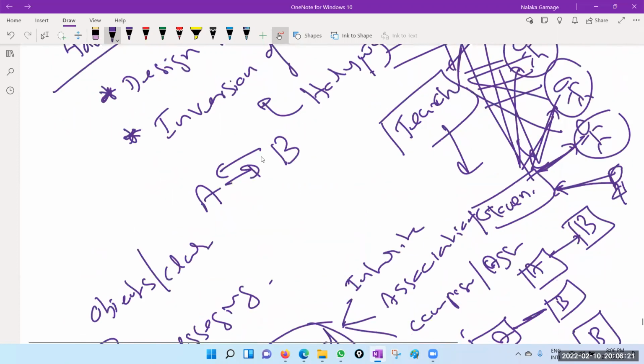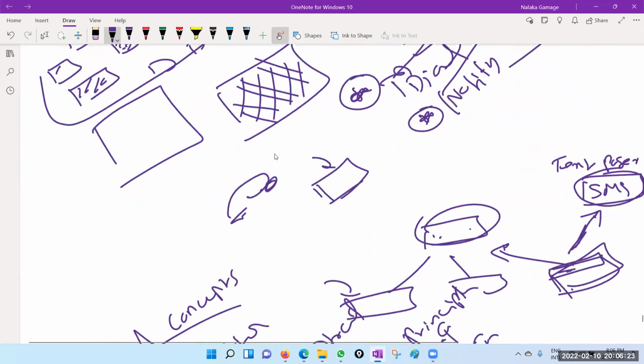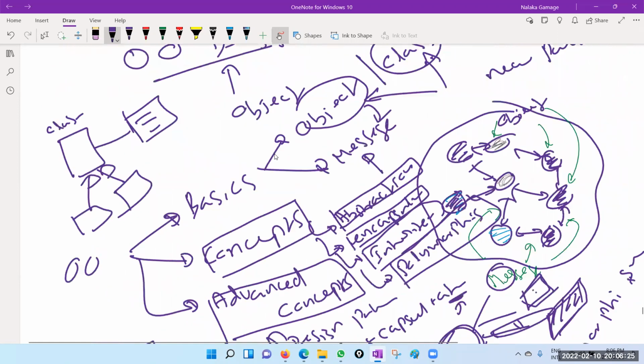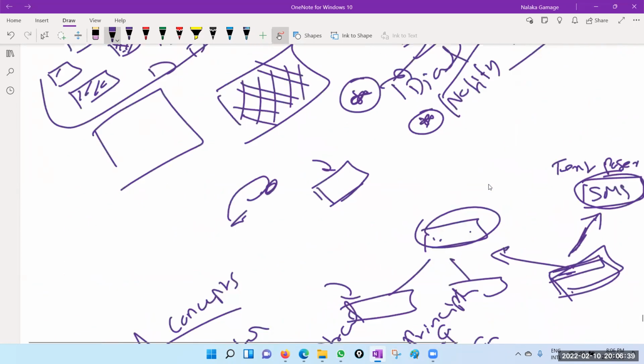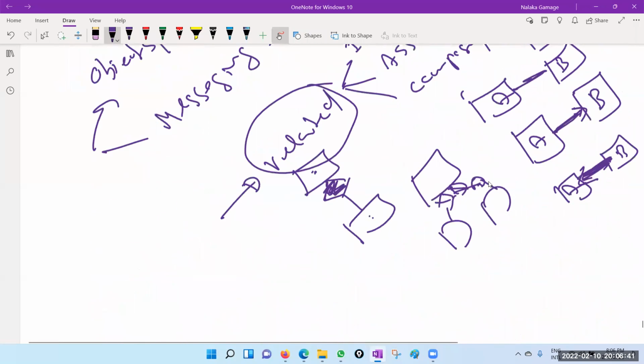Okay. So then we are interested in how these objects communicate with each other when doing some tasks. Say, for example, you are doing a money transfer in your e-banking application. Now, remember, account is an object in object-oriented programming.